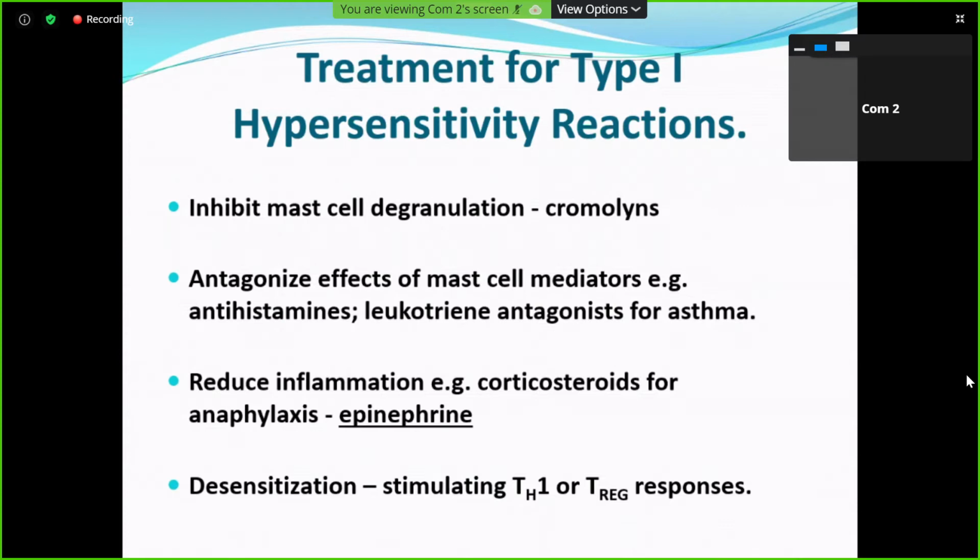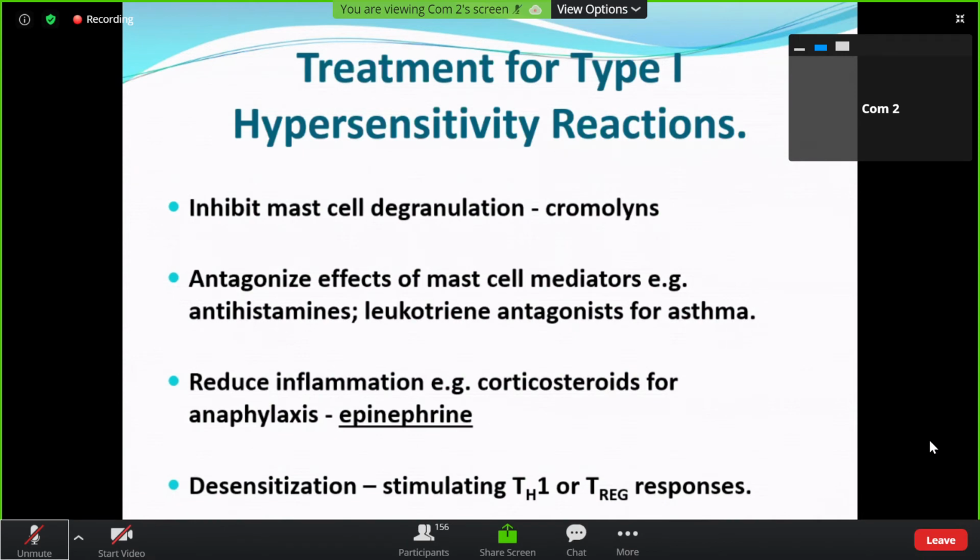And then for chronic type 1 hypersensitivity, this is still experimental, and I don't think it's being used commonly. But the idea is to try to either promote regulatory T cells or to divert the immune response away from a Th2 type reaction to a Th1 or a Th17.